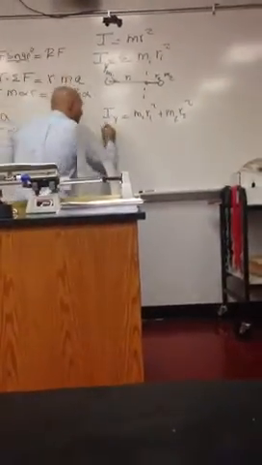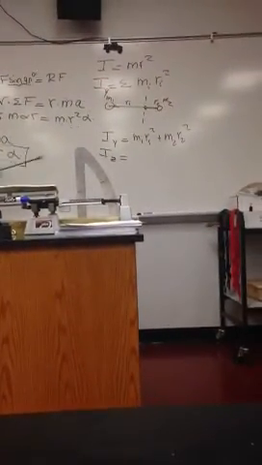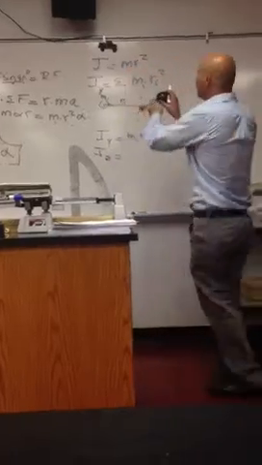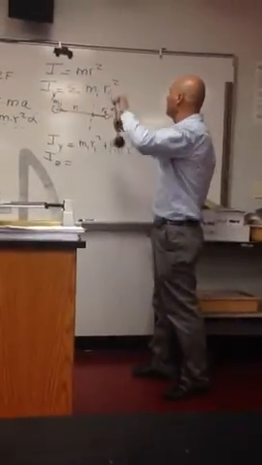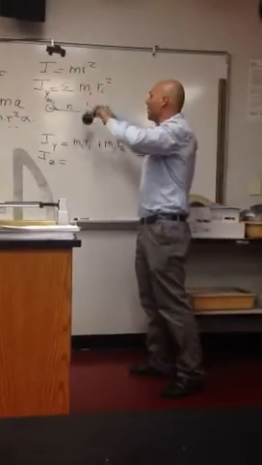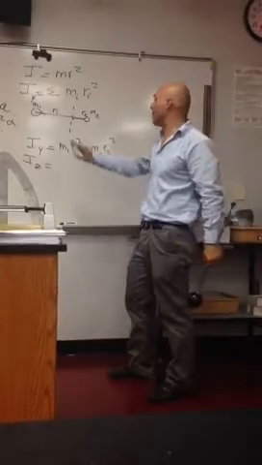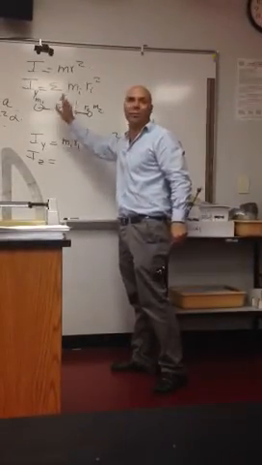I want to find I with respect to C. What will it be? This is my axis of rotation. Forget about this. It's rotating like this. What will be the total moment of inertia for that system, assuming that this rod doesn't have mass?